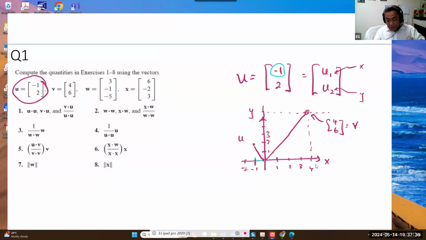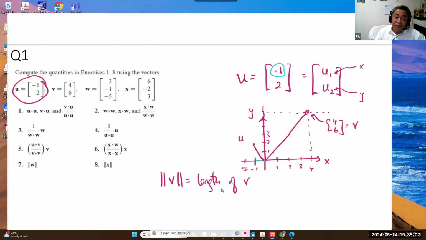Okay, so immediately we want to ask very standard questions, and let's answer this kind of question first. Question 7. What is the norm of v? These two bars here mean the length of whatever the vector is, v in this case.